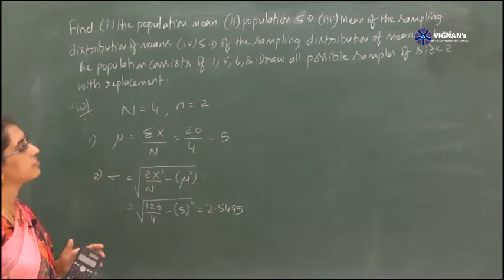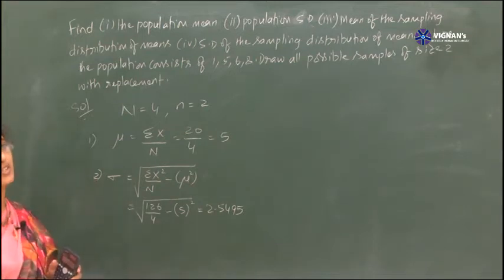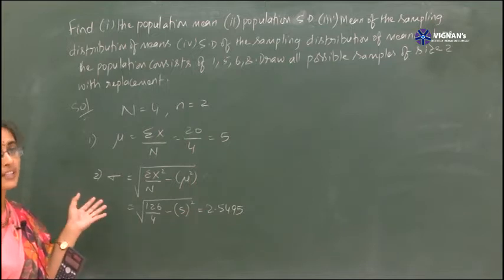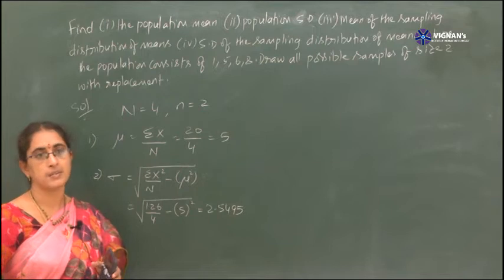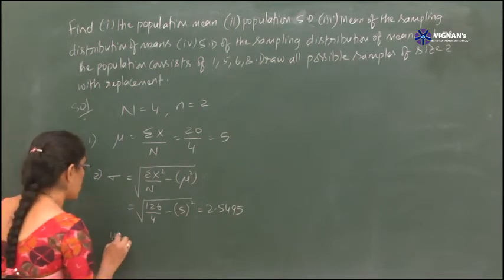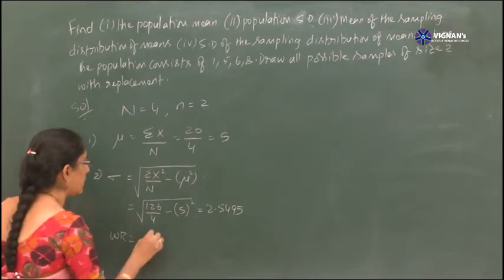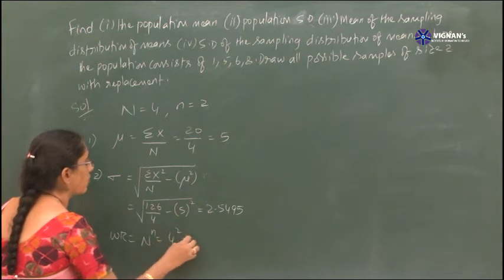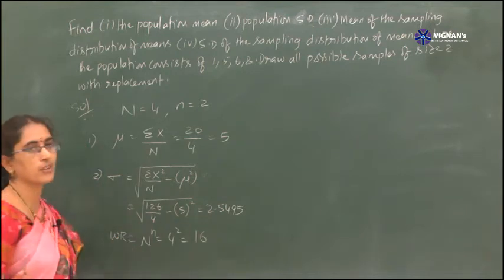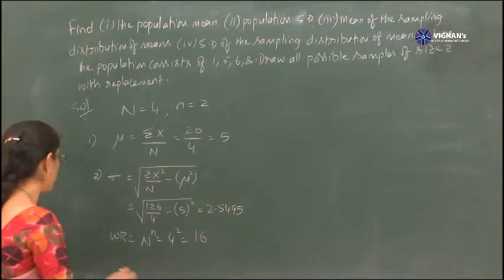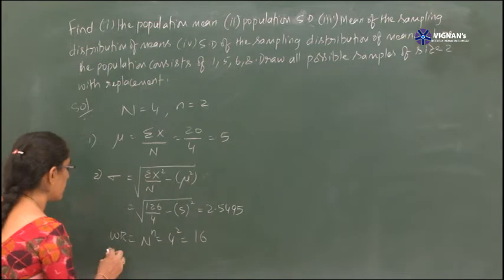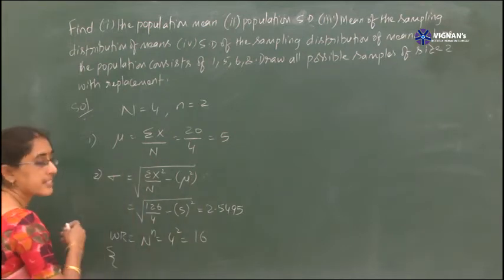Next, we have to find the mean of the sampling distribution of means. But before finding that, we have to consider the sampling distribution with replacement. With replacement, the formula is capital N power small n, that is 4 square equal to 16 samples. So what are those 16 samples? The elements are 1, 5, 6, 8.